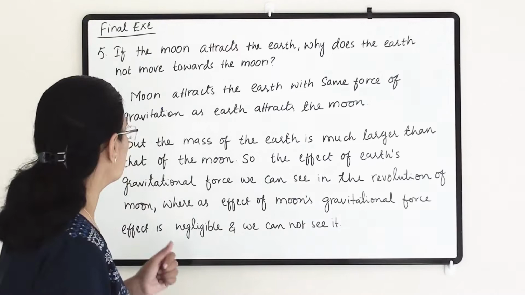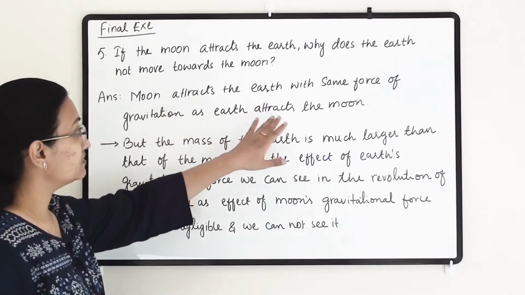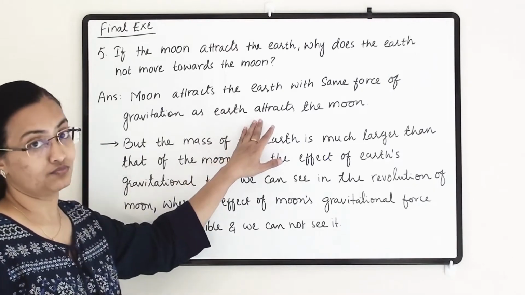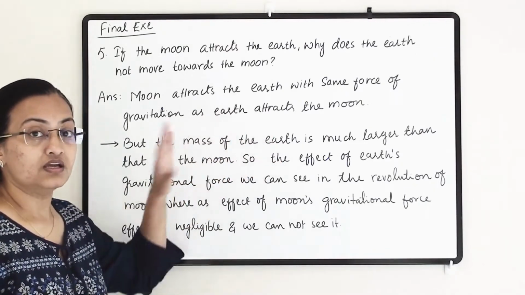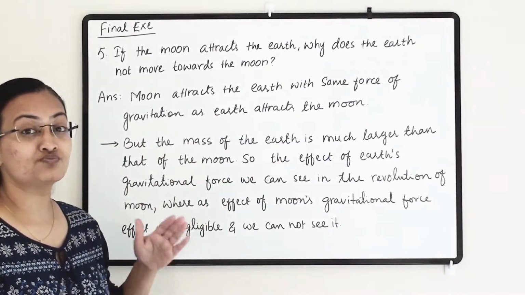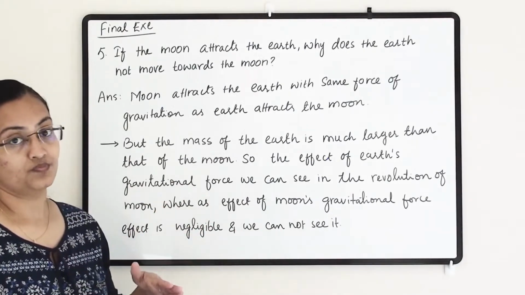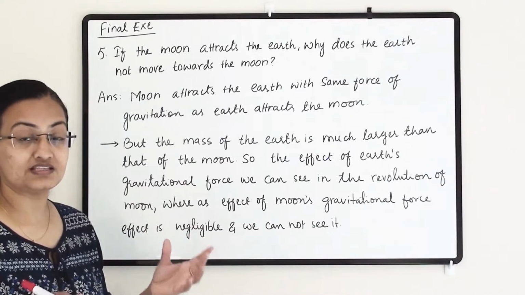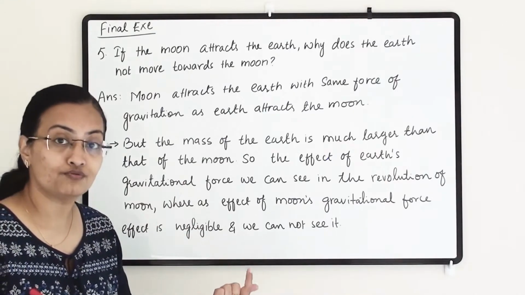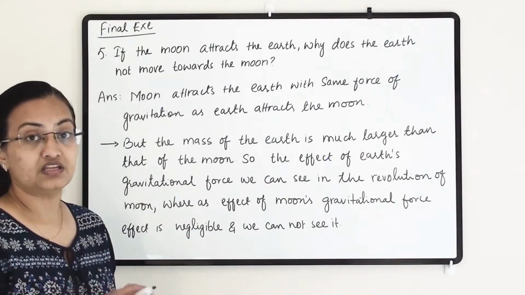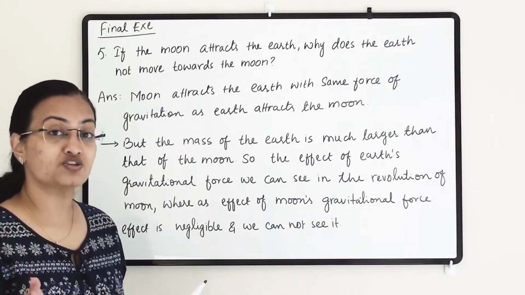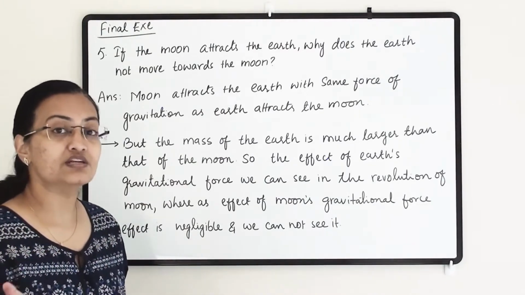The answer is, the moon attracts the earth with the same force of gravitation as the earth attracts the moon. That is true. But the mass of the earth is much larger than the moon. So the effect of earth's gravitational force we can see in the revolution of the moon around the earth. On the other hand, the mass of the moon is much lesser than the earth.